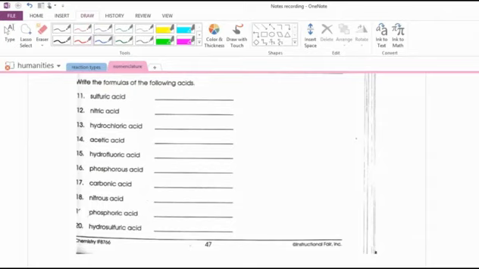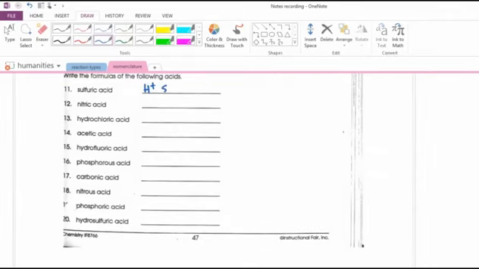So when we have to write the formula from the acid, we always start with H+. Sulfuric came from sulfate. Got to know your polyatomic ions. Always start with H. Nitric acid means it came from the nitrate ion.